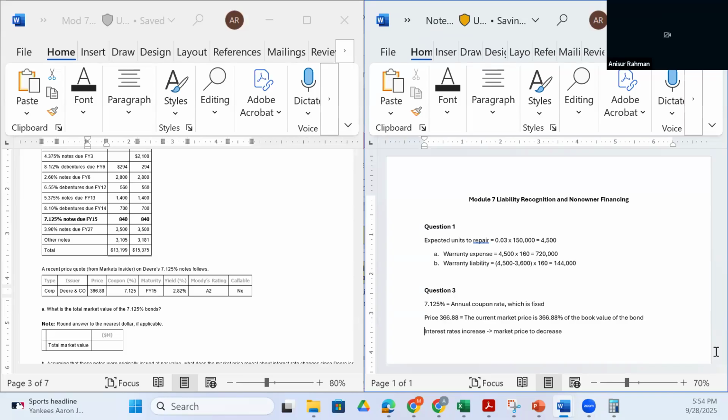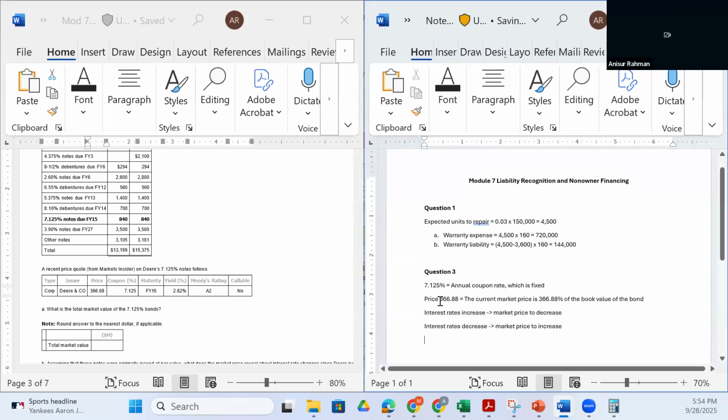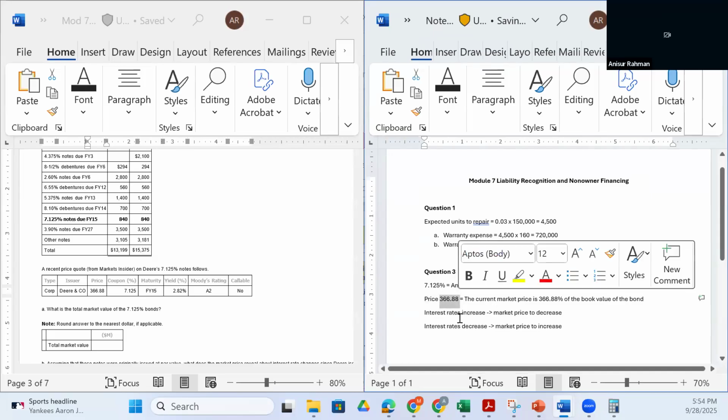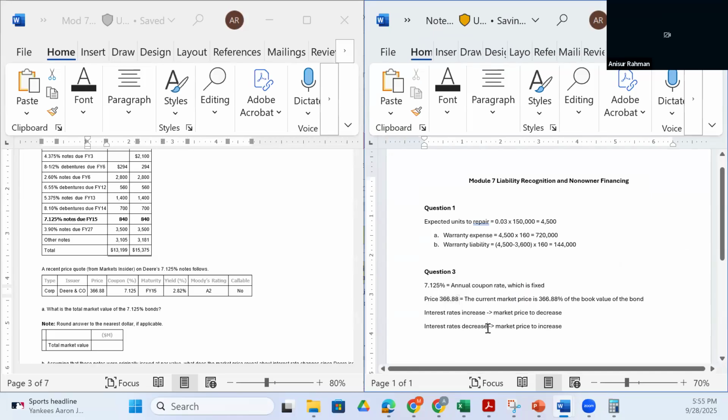And when market interest rates decrease, that leads to market price increasing. So you can see from here, market price increased, for each $100 it is now $366.88. So you can understand that market interest rates decreased significantly.